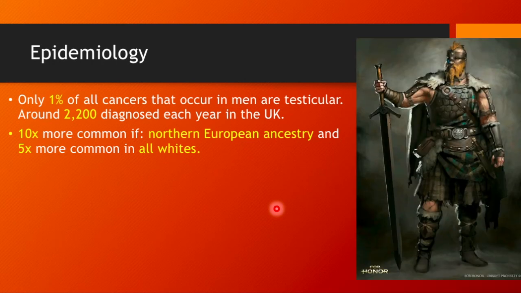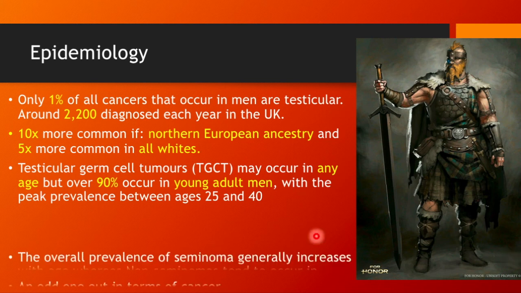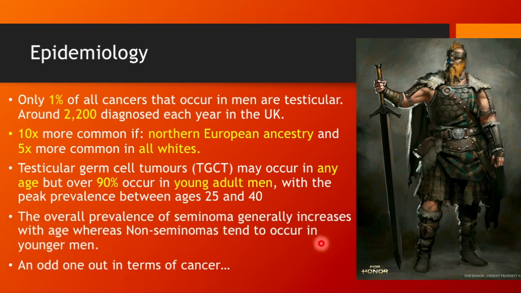In general, testicular germ cell tumours may occur at any age, but over 90% occur in young adult men, with a peak prevalence between 25 and 40 years of age. Testicular cancer is unusual compared with other cancers, which are often seen as a disease associated with aging, because despite being relatively uncommon overall, testicular cancer is the most common type of cancer to affect younger men.